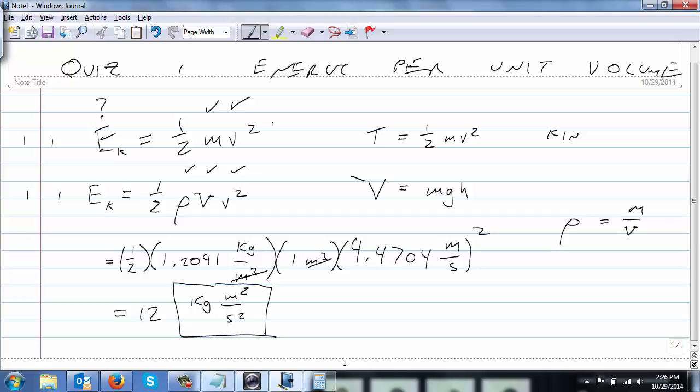And if you forget what that is, 1 Newton equals 1 kilogram meter per second squared. And if you multiply a Newton times a meter, you get a joule. Kind of cool. Okay, so there it is.